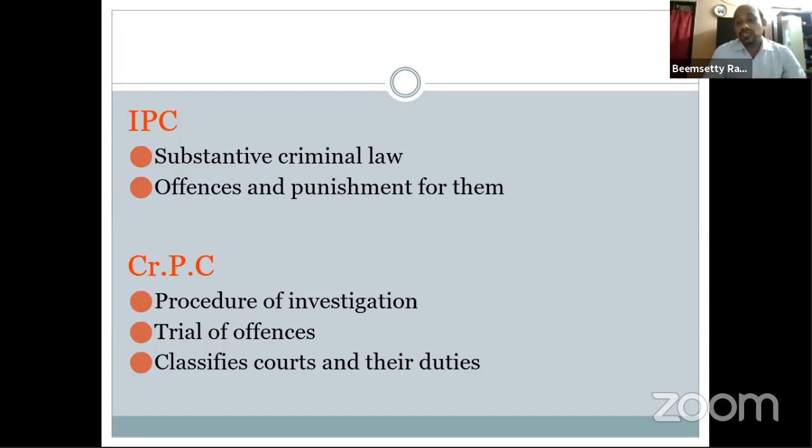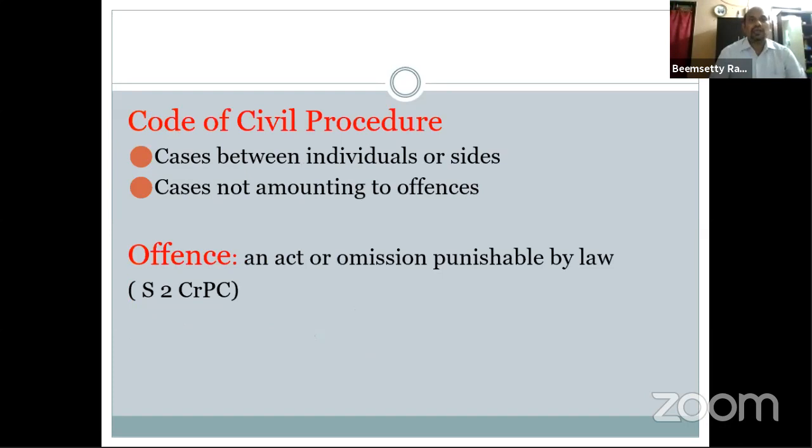It is the procedure of investigation, and it shows the trial of offences for various crimes, and it classifies courts and their duties. It was enacted in 1973.